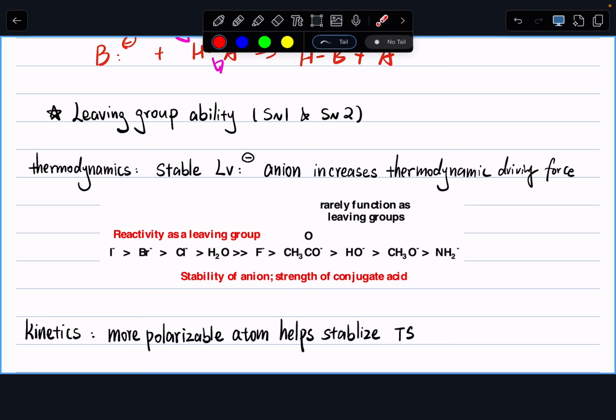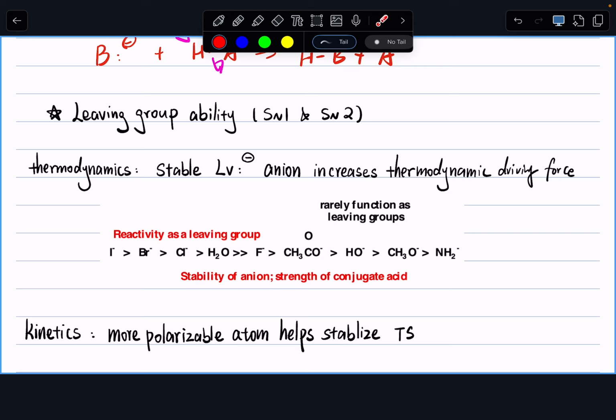In the product here, we're forming Br minus. So the overall driving force is also determined by the stability of the anionic leaving group itself. So leaving group ability is both a kinetic and thermodynamic factor, whereas nucleophilicity is only kinetic and basicity is only thermodynamic.